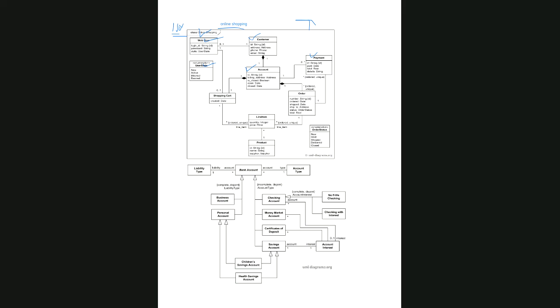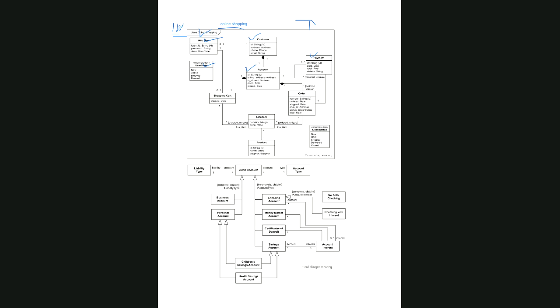Now another thing is that a customer could register as a web user to be able to buy items online. Another thing is that a customer is not required to be a web user because a purchase could also be made by phone or by ordering from some catalog.